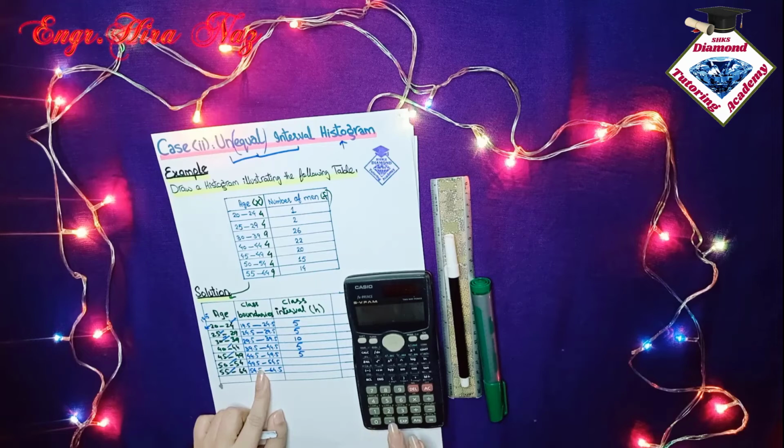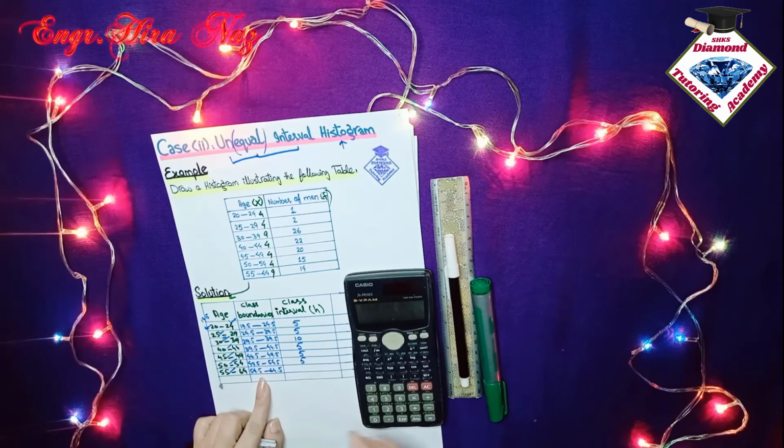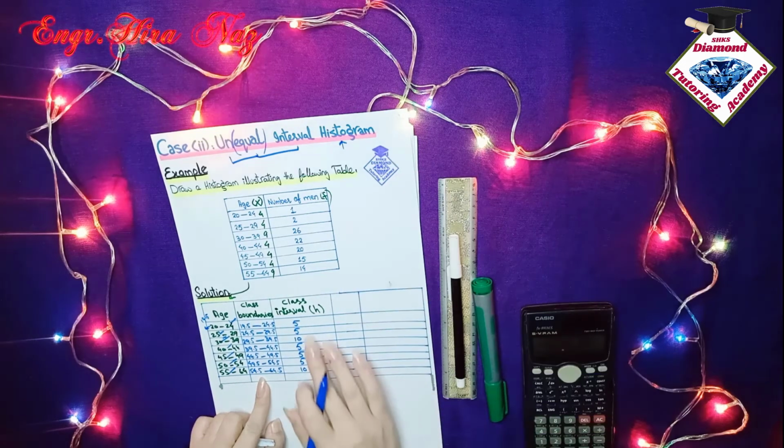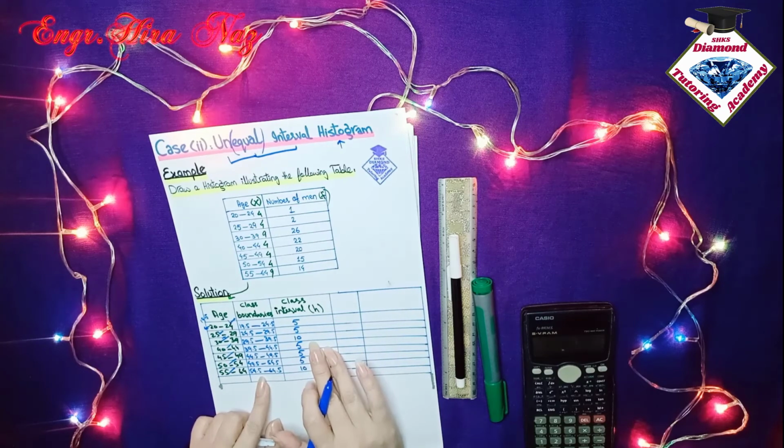And second last is 54.5 minus 49.5, 5. And 64.5 minus 54.5 is 10. So our class size column is ready.